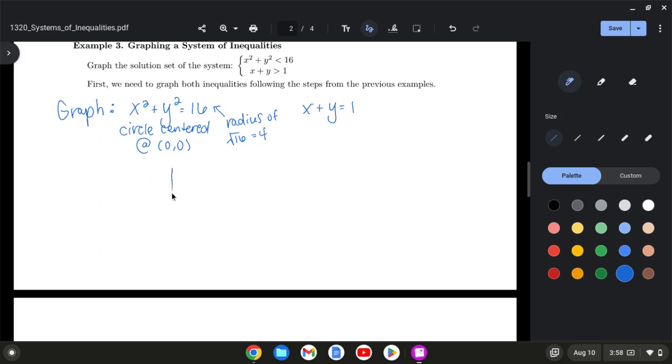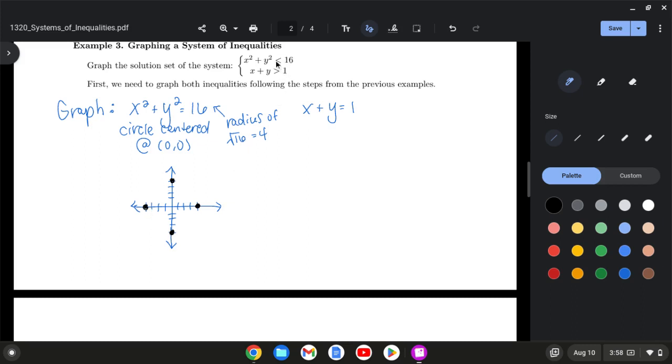So let's go ahead and graph that. So we're going to have points, since it's centered at 0, 0 and a radius of 4, at 4, 0, 0, 4, 0, negative 4, and negative 4, 0.